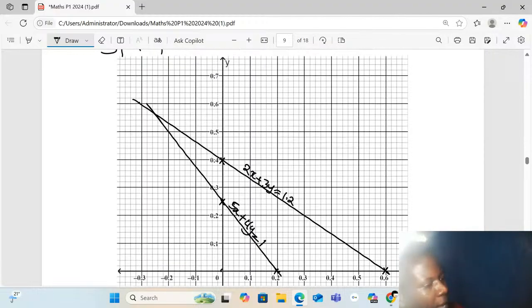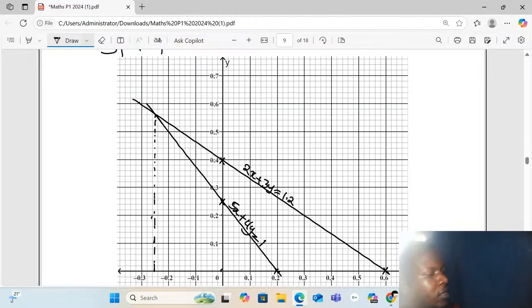Now, to solve this simultaneous equation graphically, you have to read the values where the 2 lines are meeting. Find out on the x-axis where the 2 lines are meeting, the value of x, and on the y-axis the value of y.